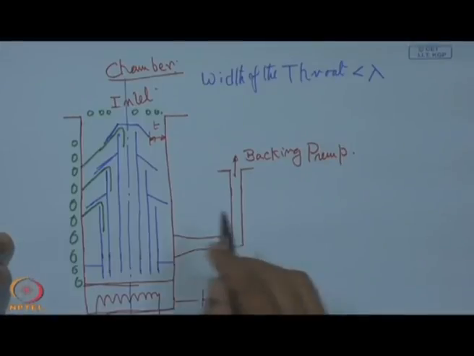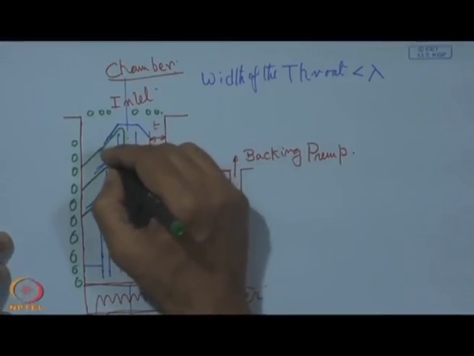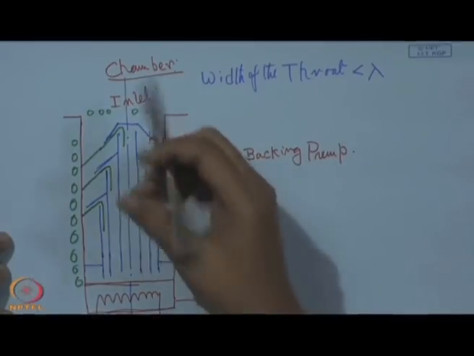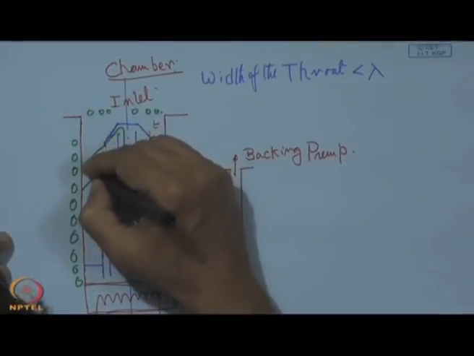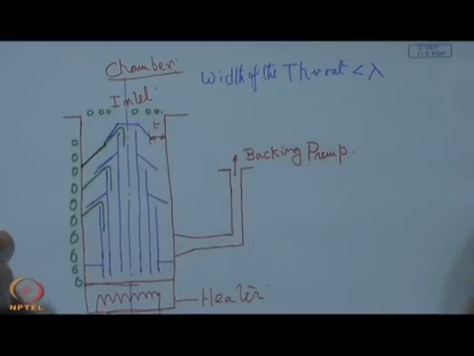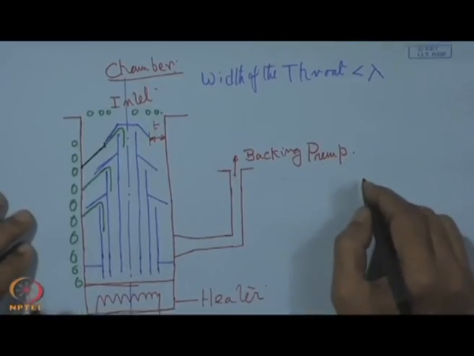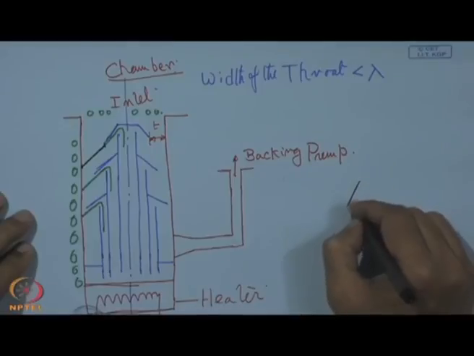What we can see here is that this portion, from this to this, is actually the vapor, but if we magnify it, it will look like a cone. It is a truncated cone.